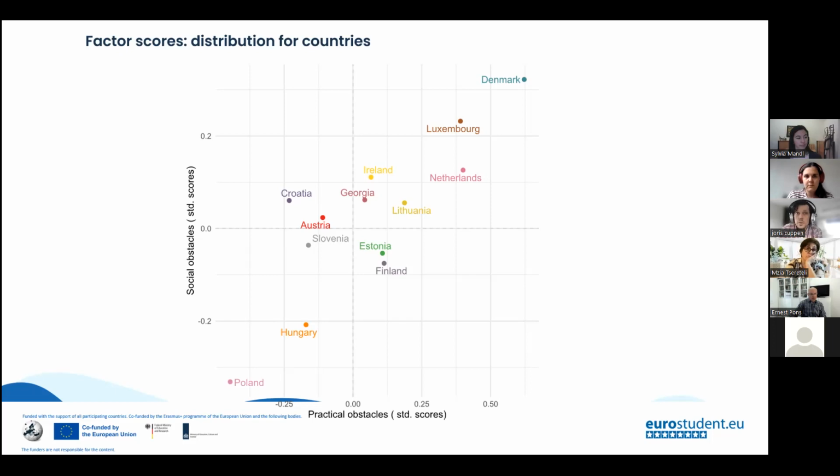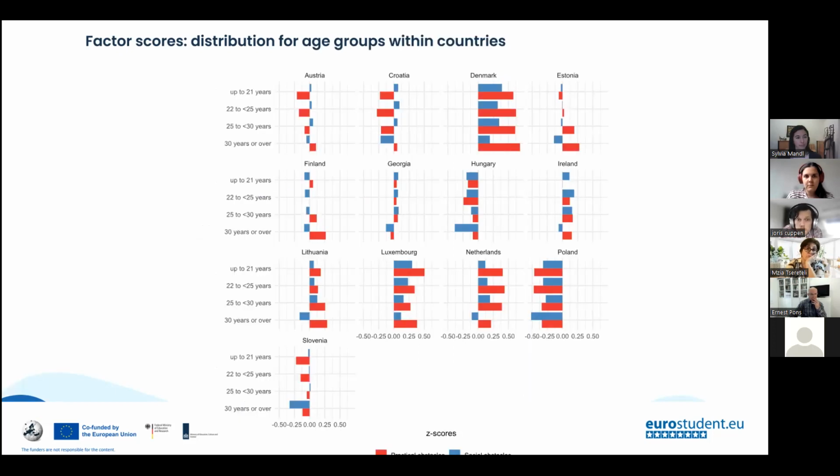And for the third slide on this matter, we then looked within the countries at the differences between age groups. Well, for social obstacles, you would expect that at least the older students report more social obstacles, of course, because they are more likely to have children, for instance.